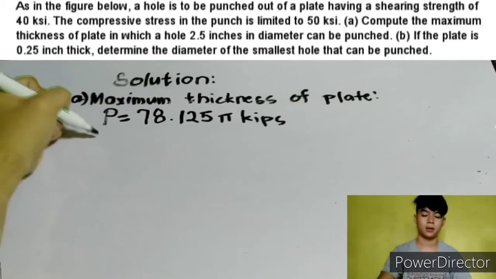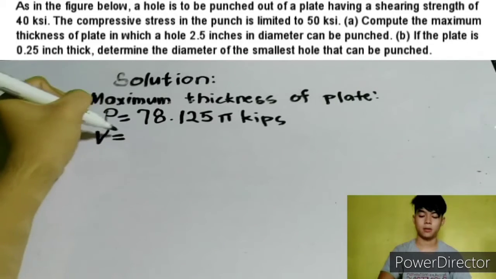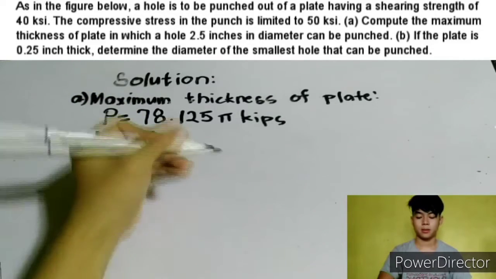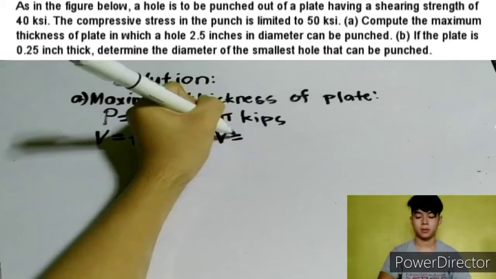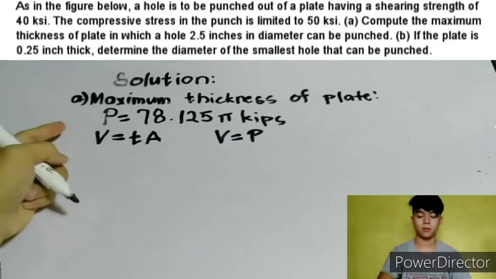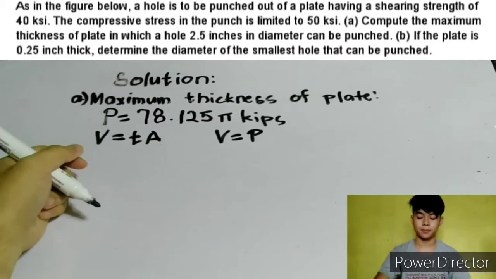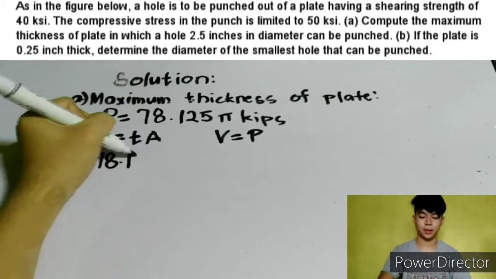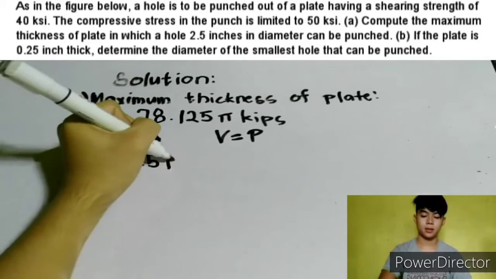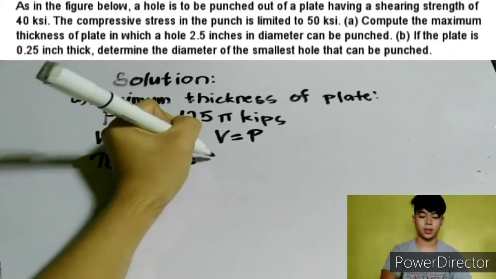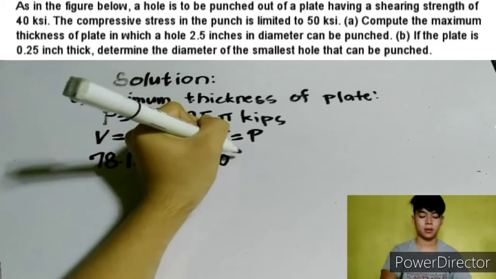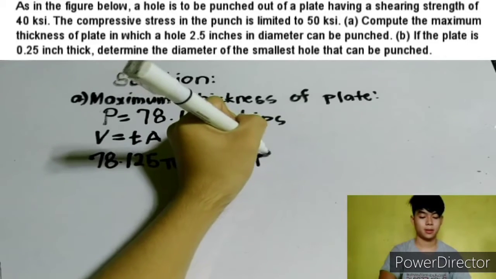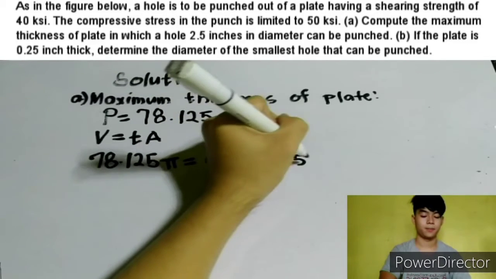So the formula is V equals shear stress times A, where V is equal to P. 78.125 pi equals 40 times pi times 2.5 t.